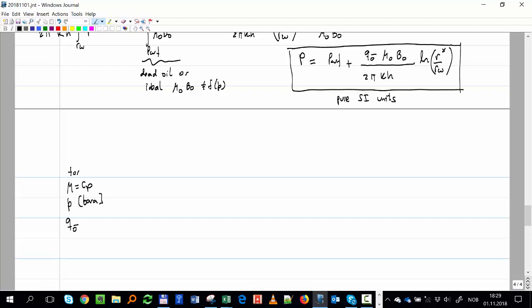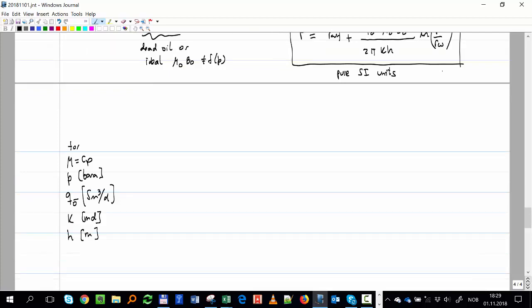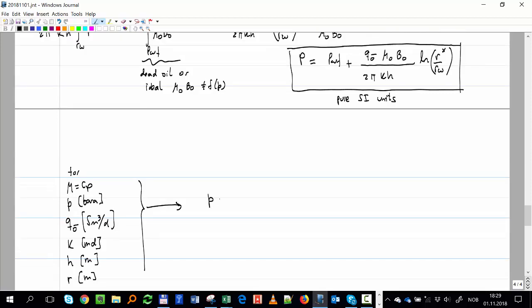Q in standard cubic meters per day. Yeah, the permeability will be millidarcies, and h will be in meters, I think. Radius will also be, here it doesn't matter because you have the ratio between them. Okay, so it just matters that they are in the same units. But let's say radius in meter, then in the equation you have to add a factor, which is just to convert the units, and the factor is 18.42.